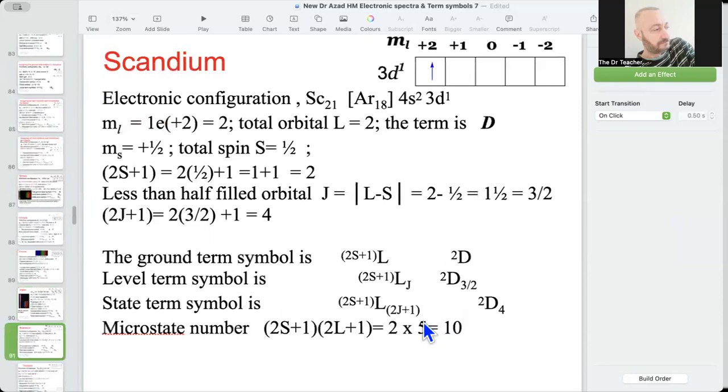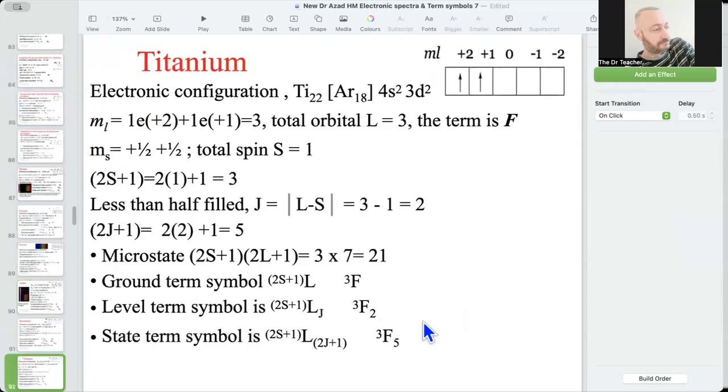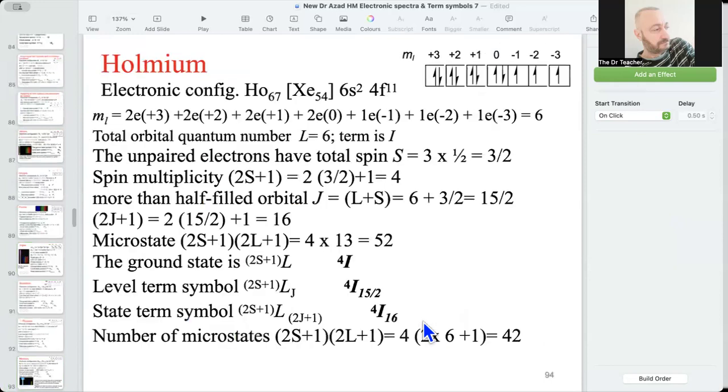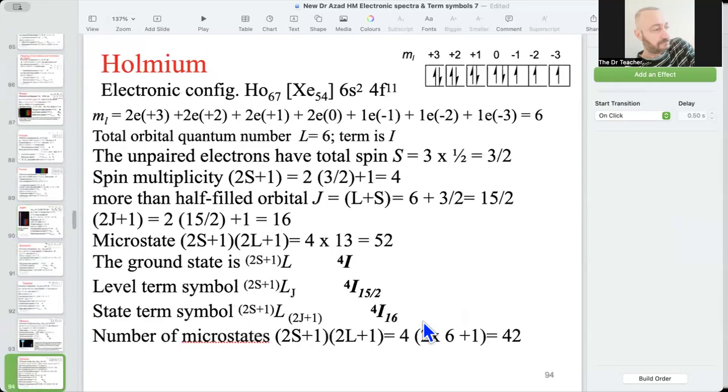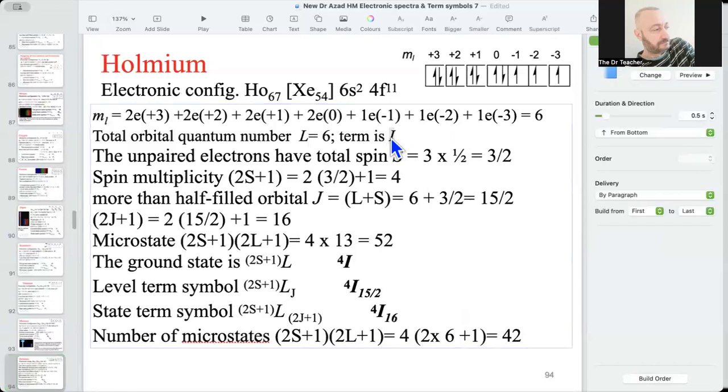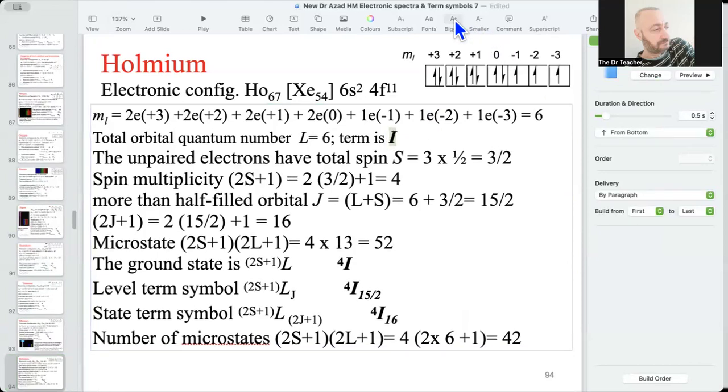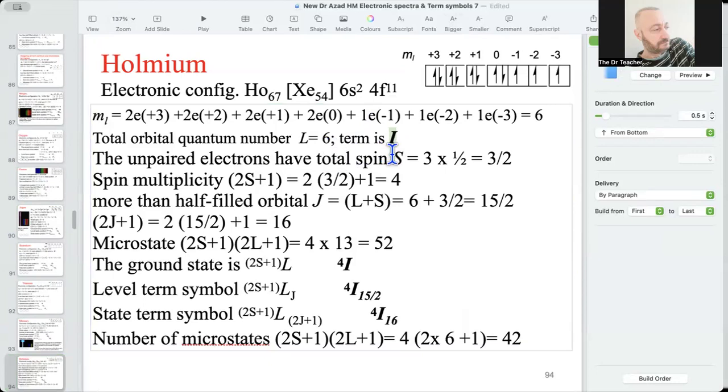Holmium. So here we have I as the term symbol. Let's make it bigger. So the term symbol is I. The unpaired electrons have a total spin of 3 times half.